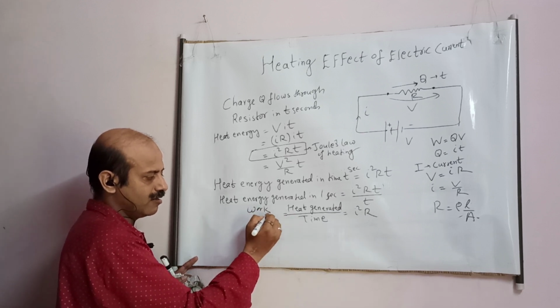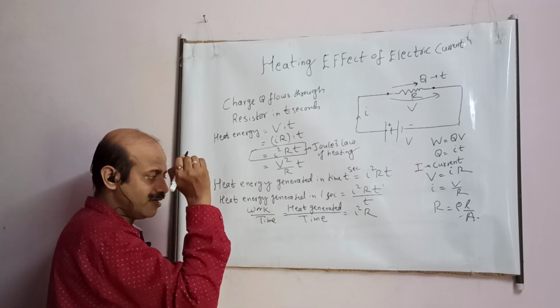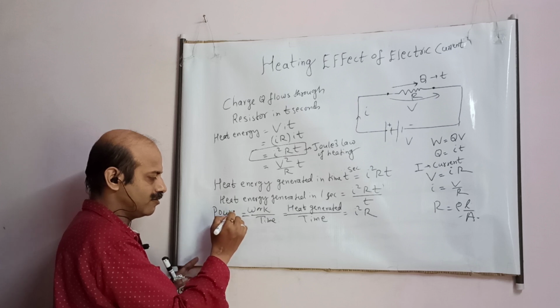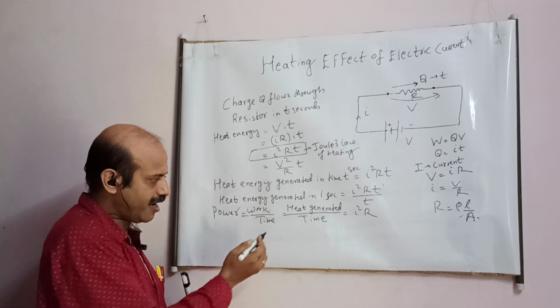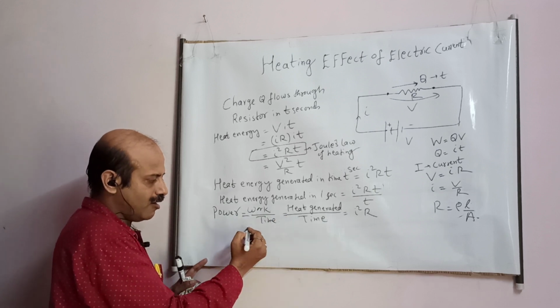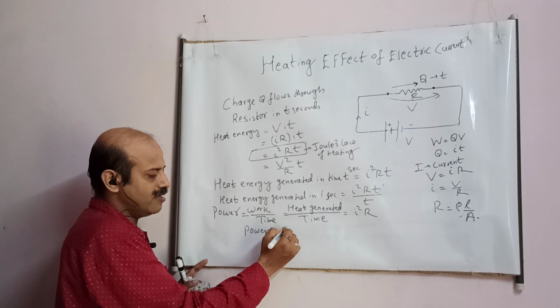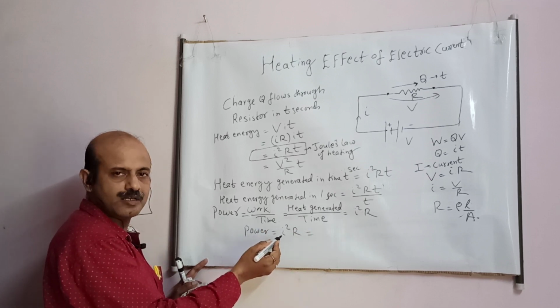This is work upon time, and this work upon time is also known as, student, power. Power is the rate at which heat is generated. So now we have a formula for power, I square R.